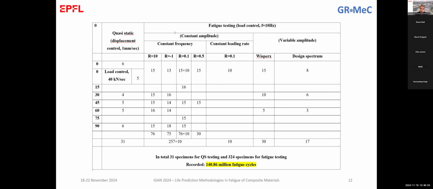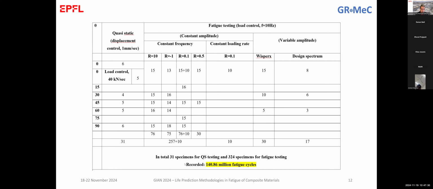Then I have constant amplitude experiments, because with this I can investigate the material performance at different ratios, at different angles, and develop my tools for the fatigue life prediction. And then what you see here with the variable amplitude loading is experimental results that have been used, of course, to investigate the material performance under these loading conditions, but also they were used for the validation of the developed modeling techniques.